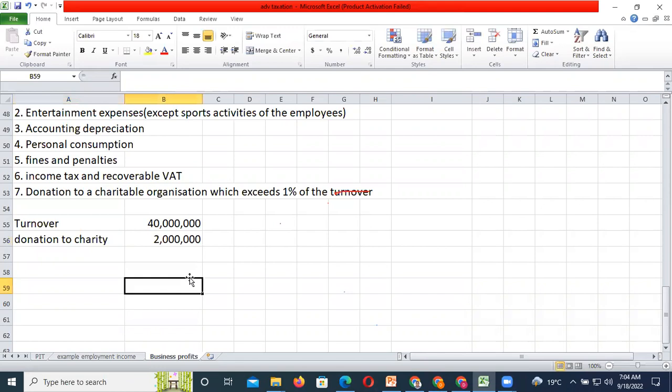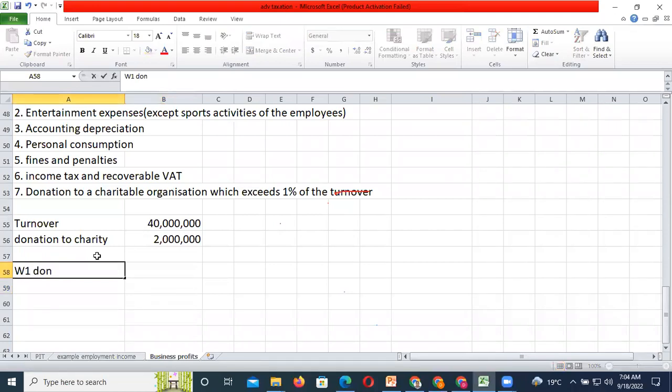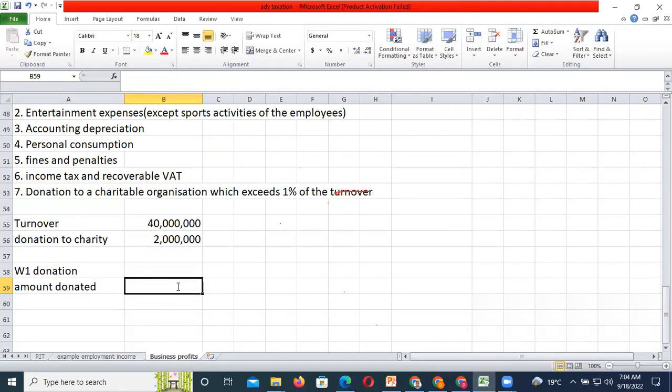That's what you have: our annual turnover is 40 million, but the entity made a donation to charity of 2 million. So when we are adjusting, we shall have a working. We say donation, then we shall have the amount donated, which is 2 million.